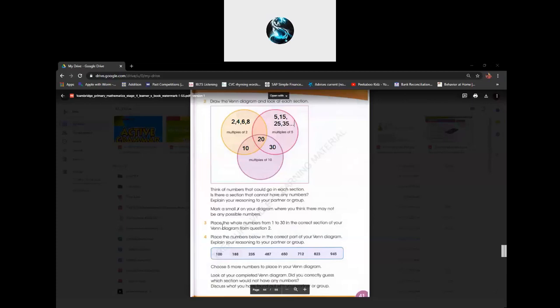So we're gonna move on to 3. It says, mark a small X on your diagram where you think there may not be any possible numbers.